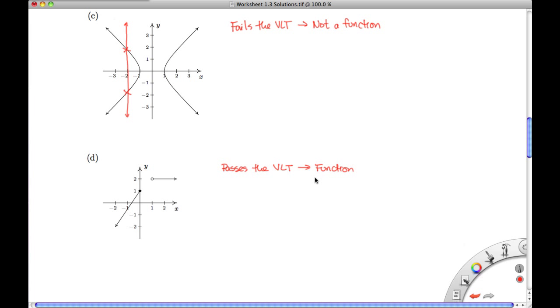So let's do it like we did with part B and think about the projections on the x-axis and the y-axis. So first we'll start with the domain.